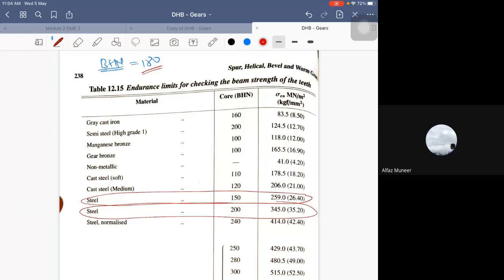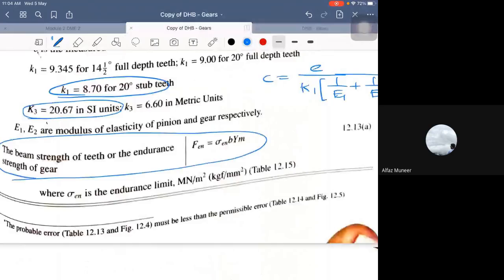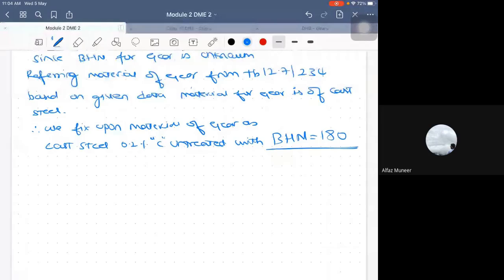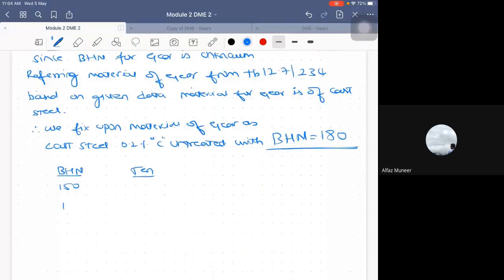So for 150 and 200, again the normalization method you have to use. Let me write it here. BHN 150, you would get how much sigma En value? 259.